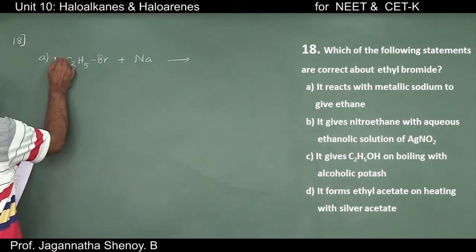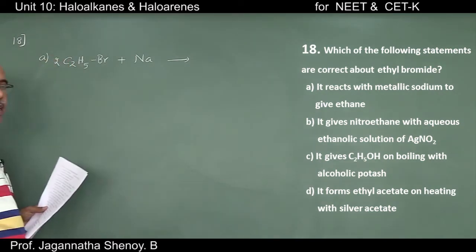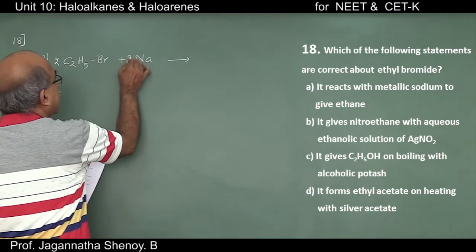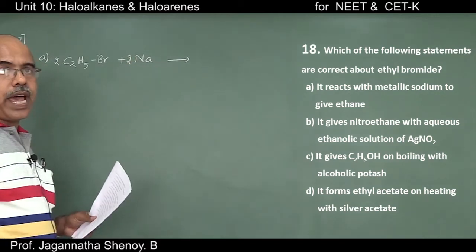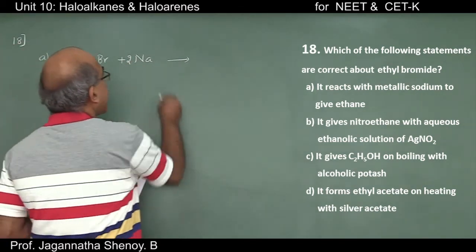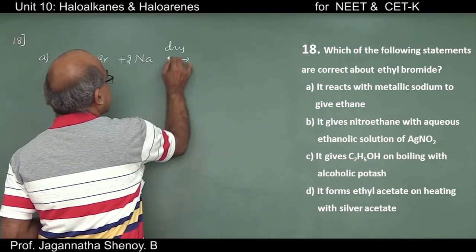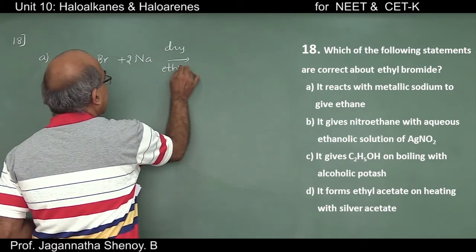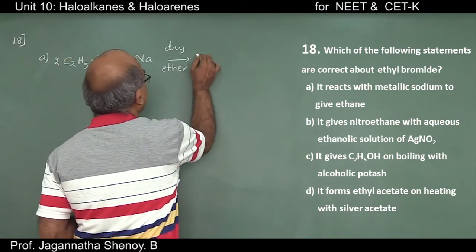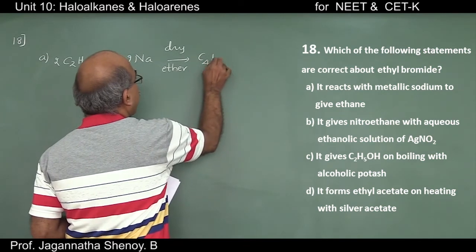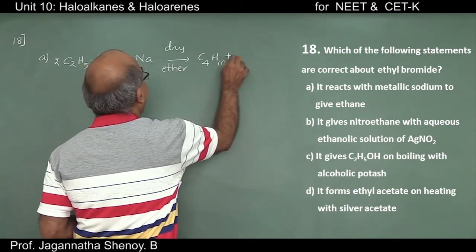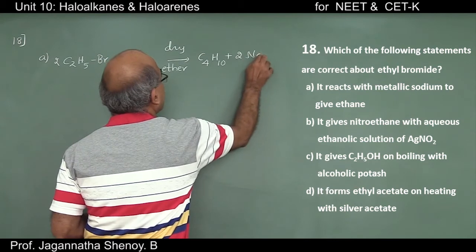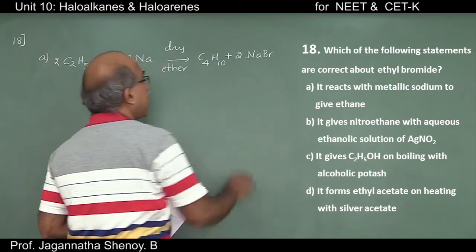So what should happen? I'll start from 2 moles of ethyl bromide. I'll treat it with 2 atoms of sodium. Reaction is carried out in presence of dry ether. The product obtained should be C4H10. In addition to that, I get 2 moles of NaBr.